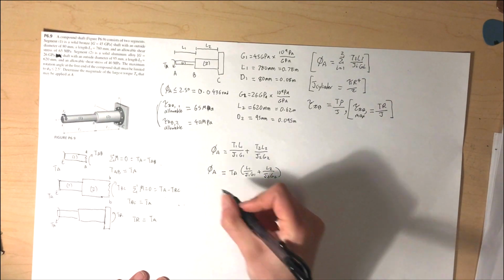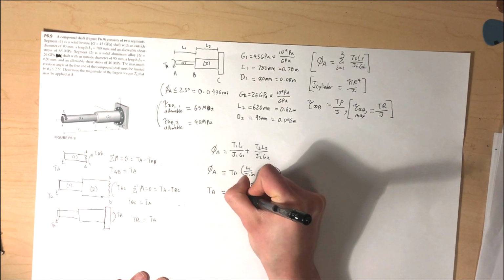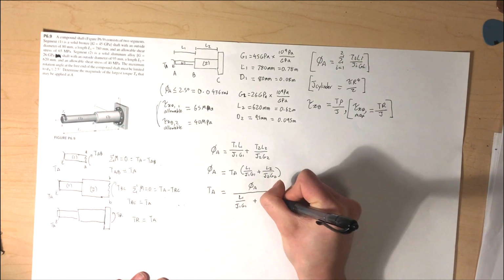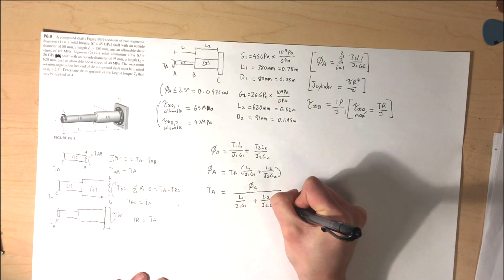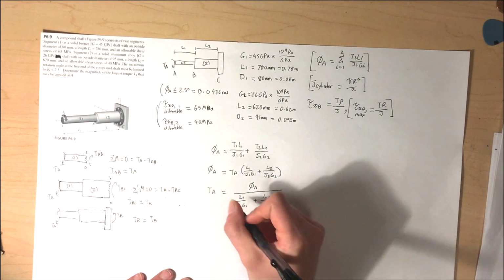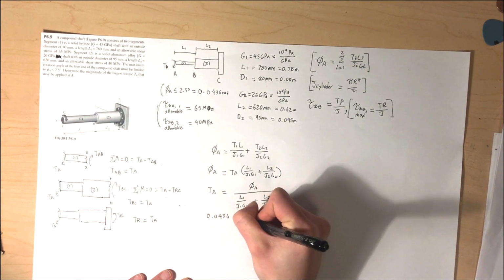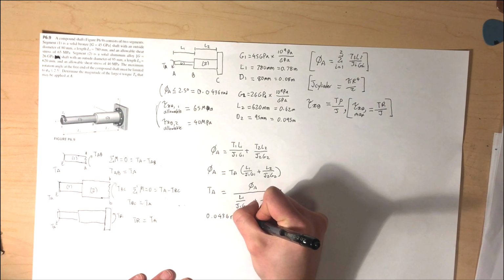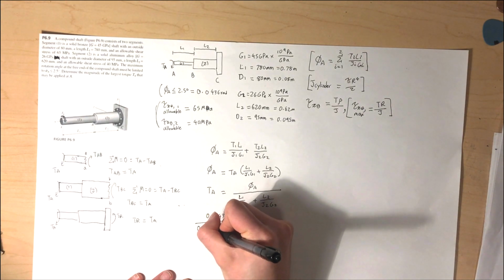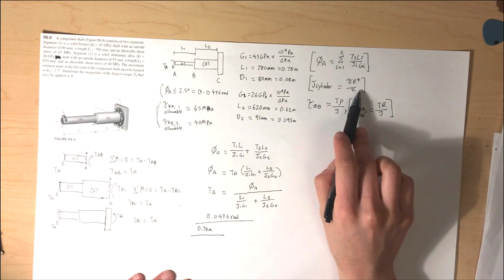Now we can solve for TA, and plug in numbers, and this gives us 0.0436 radians over L1, which we know is 0.78 meters, over J1, which we can calculate using our polar moment of inertia equation.